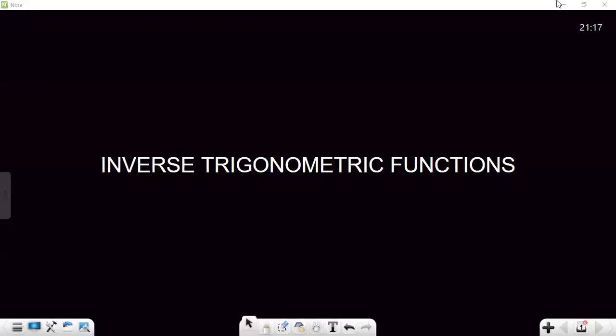So, inverse trigonometric functions. We have already discussed in the function chapter earlier about invertible functions, right? The function whose inverse can be found out.